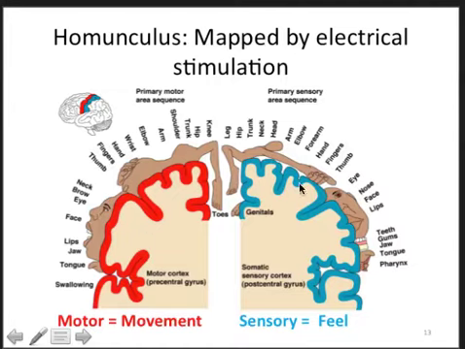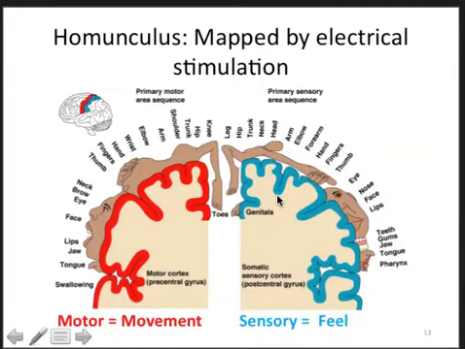On the postcentral gyrus, which is what we know as the somatosensory cortex, what we have are different areas of the brain that are dedicated to receiving sensory input from different parts of the body. And so you can see here that the teeth, the lips, the tongue, the face, the hands, and the feet are overrepresented, whereas the rest of the body is represented in a relatively minor way. And that is because there are more sensory receptors in these parts of the body than there are in other parts of the body.